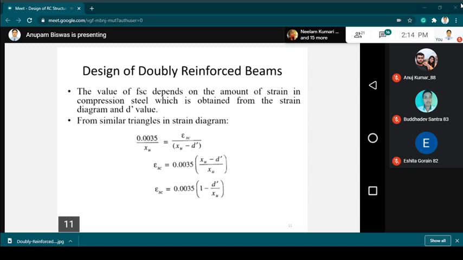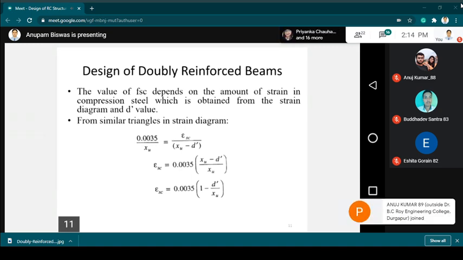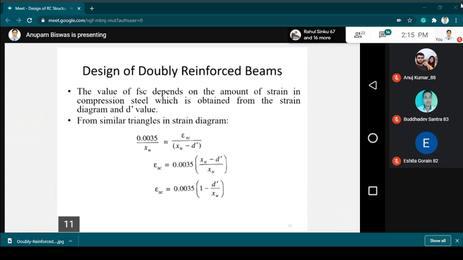Okay, overall depth is XU, meaning up to the neutral axis, and subtracting the effective cover D dash for the compression zone. So from here we will get the corresponding value of epsilon SC, that is 0.0035 into 1 minus D dash by XU.